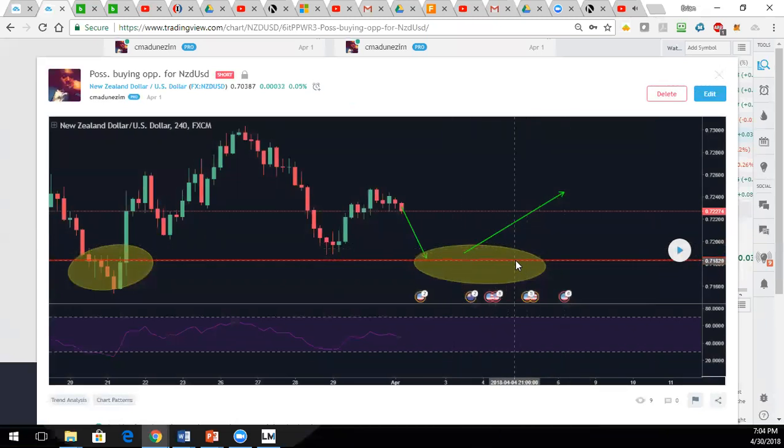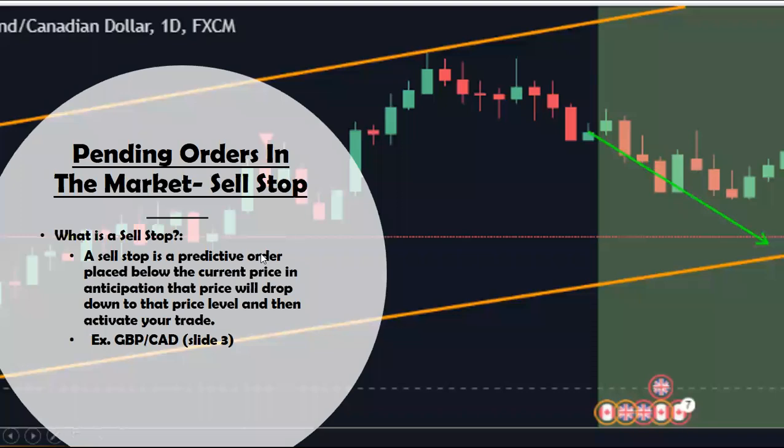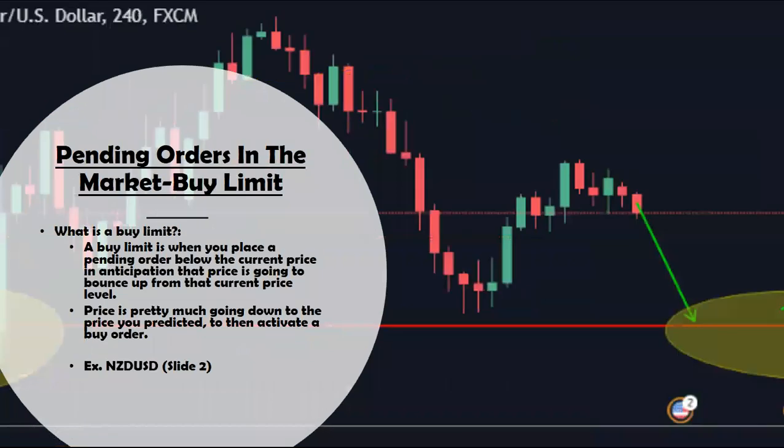Okay, so what a buy limit is, let me talk about that first before I fast forward. A buy limit is when you place a pending order below the current price in anticipation that price is going to bounce up from that price level. Price is pretty much going down to that price you predicted to then activate your buy order.